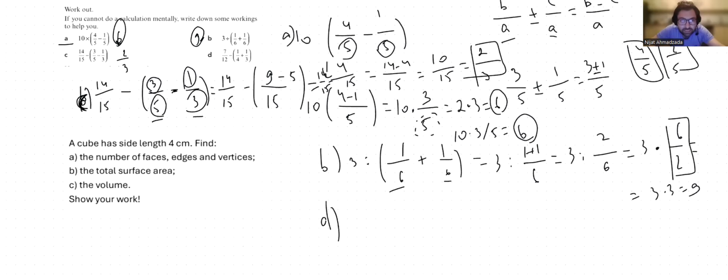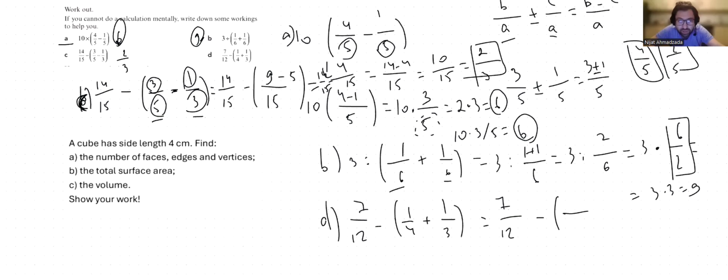Part D says 7 over 12 minus 1 over 4 plus 1 over 3. Again, we don't know about the 7 over 12 yet. Minus 1 over 4 plus 1 over 3. We know that the denominators are not the same, so we have to find a common denominator. For 4 and 3, the common denominator will be 4 times 3.